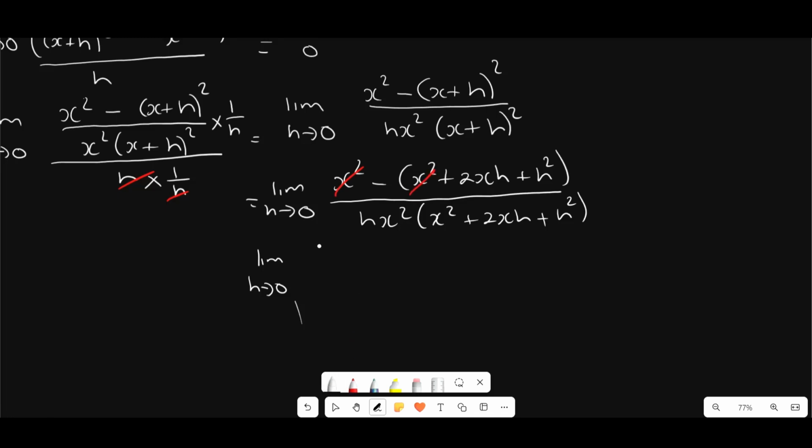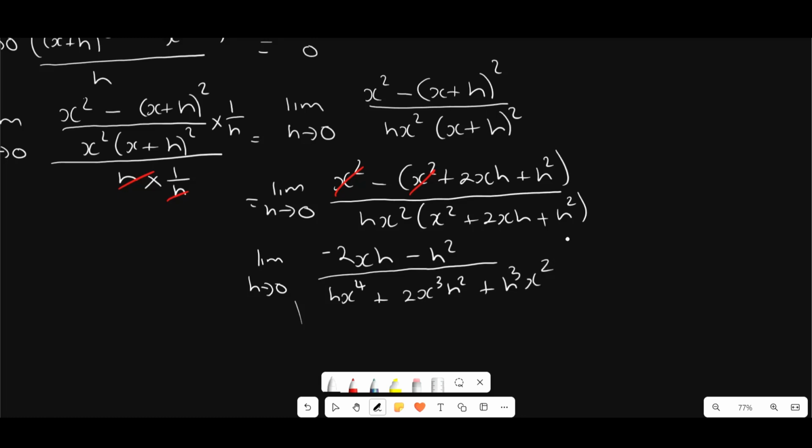And therefore I have negative 2xh minus h squared, all divided by, if I multiply this inside, hx to the power 4 plus 2x cubed h squared, and then plus h cubed x squared.